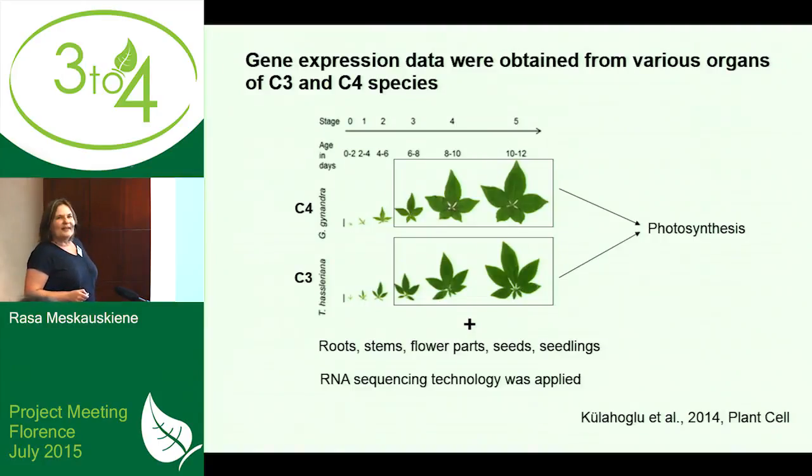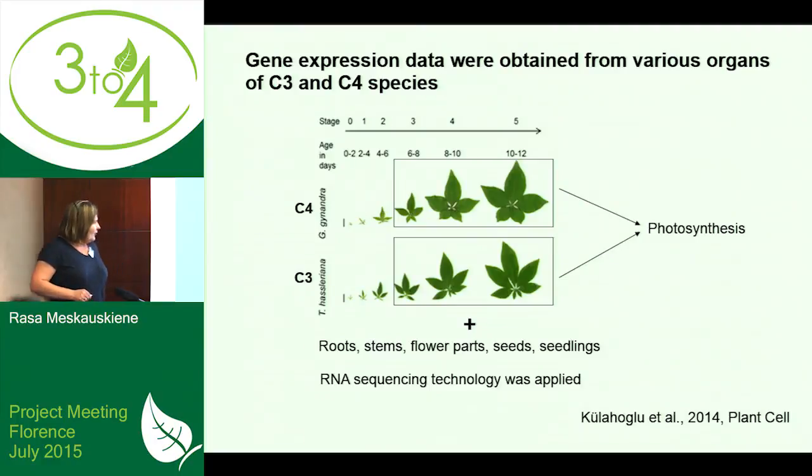And the important thing, as I understand here, is that photosynthesis doesn't take place in that small leaf. It's not ready for that yet, but then it comes, either C4 or C3, depending on the species.